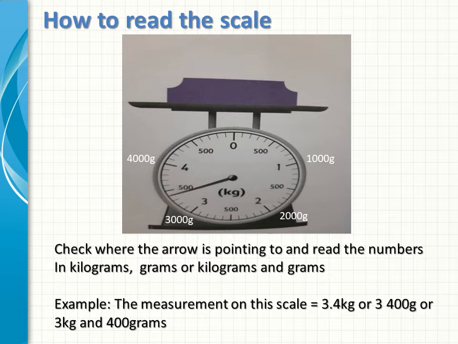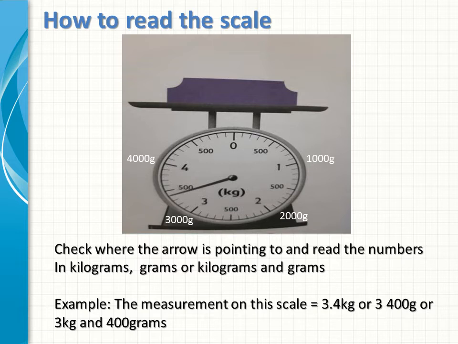3.4 kg, if we want to put it in kilograms only. Or if you want to put it in only grams, remember that 3 kilograms is the same thing as 3,000 grams. So I can say after my 3, I begin to count hundreds, and add 100.